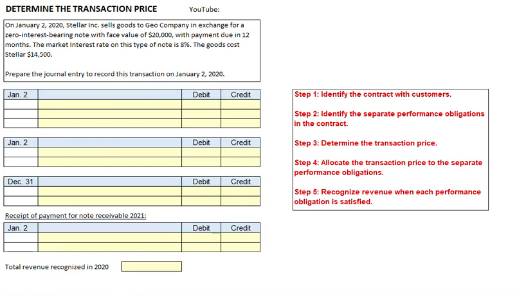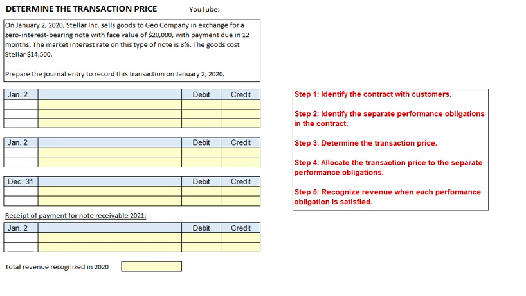In this transaction, we have essentially the same thing going on, except now we no longer know the fair market value of the merchandise that we've transferred to the Geo Company. Instead, we know the market interest rate on this type of note is 8%. So let's go ahead and record our transaction and identify our performance obligations and the satisfaction of those performance obligations.